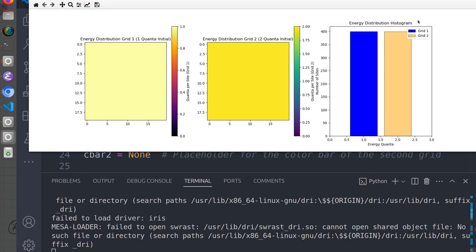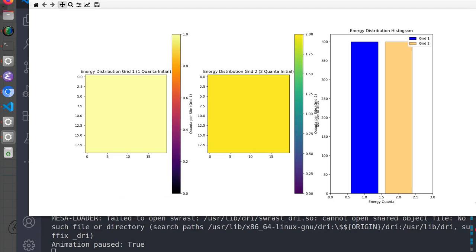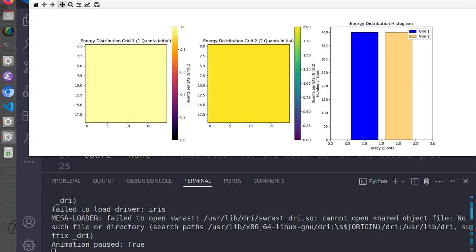Let's see how it goes. So I can pause it. This is the initial state. Hopefully you can see this. Is it possible to make it bigger? On the left is system number 1, so grid number 1, with 1 quantum initially on each site.